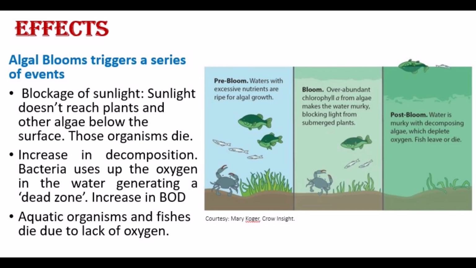There is an increase in the bacterial population which uses up the oxygen. Therefore, there is an increase in biological oxygen demand. Aquatic organisms and fishes also die due to lack of oxygen.